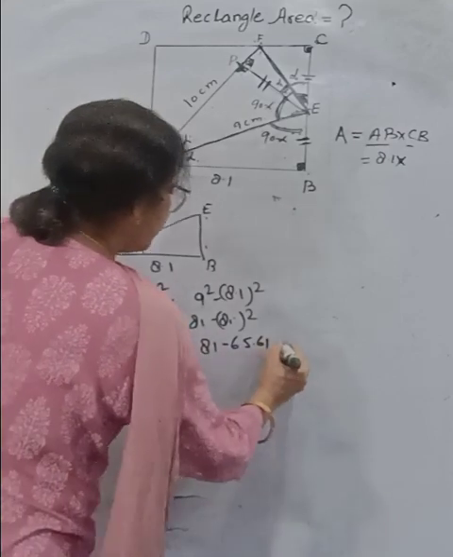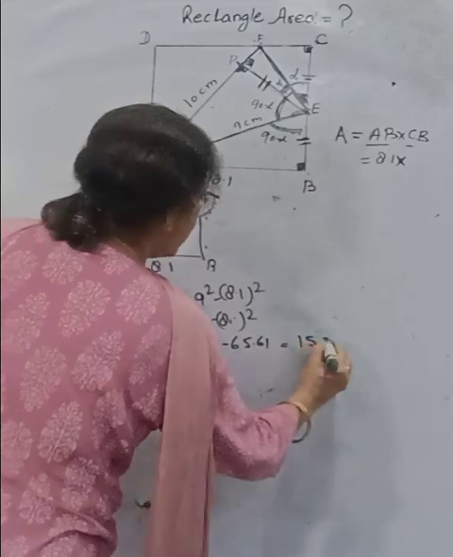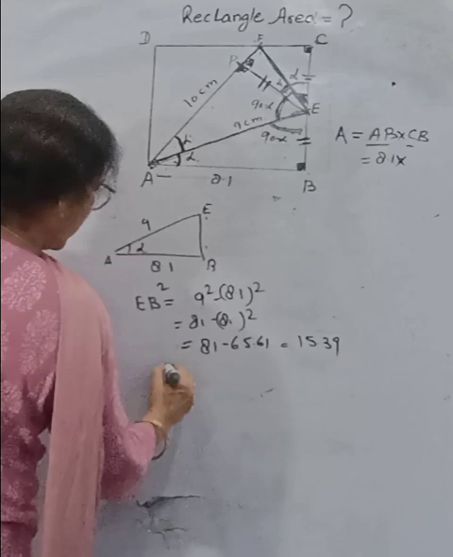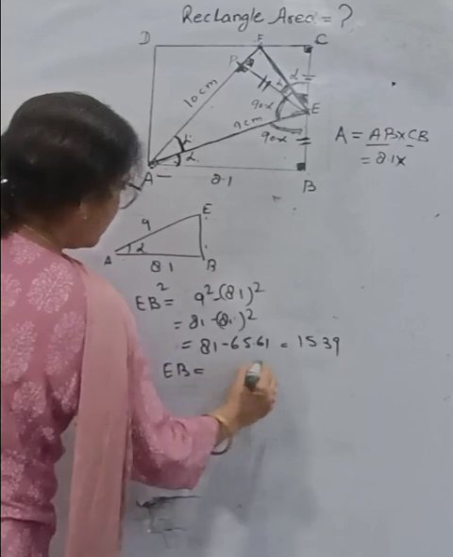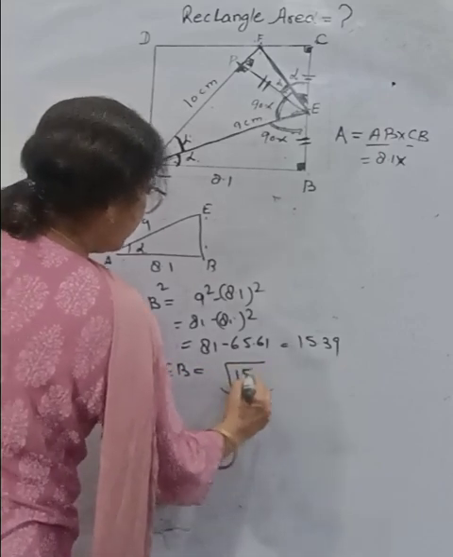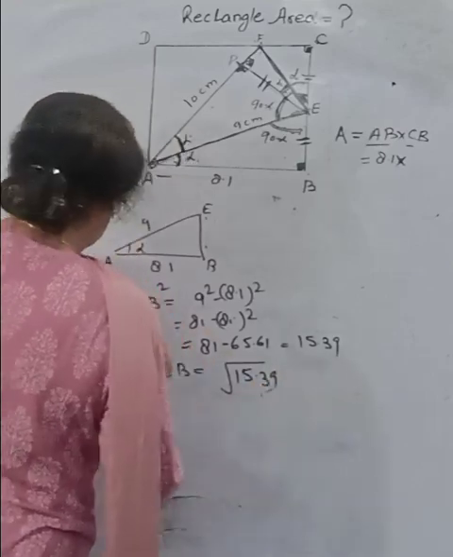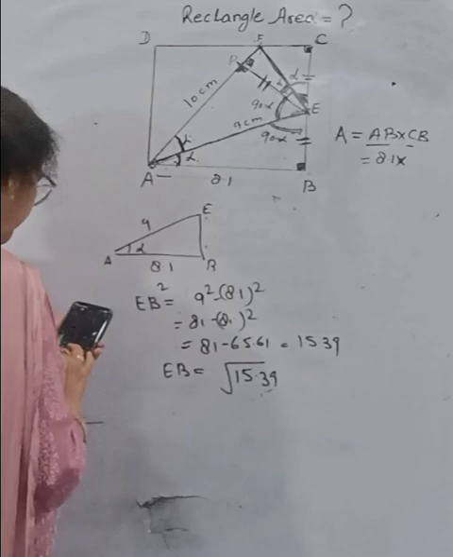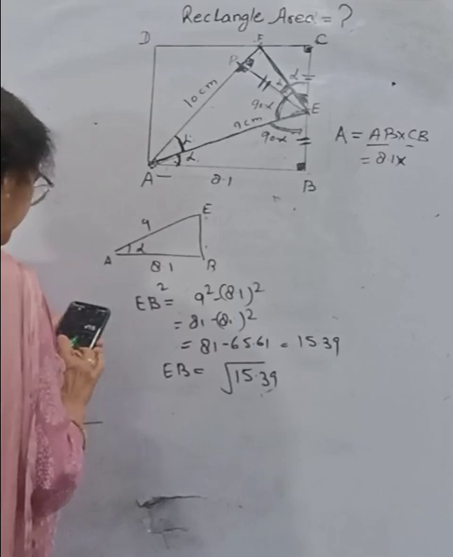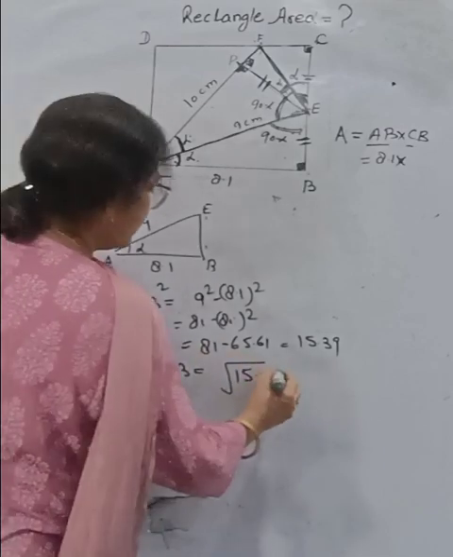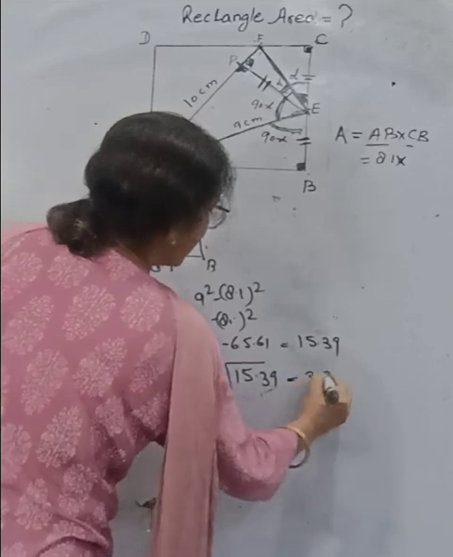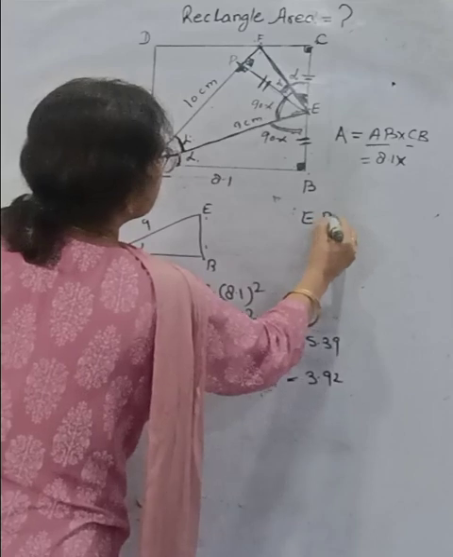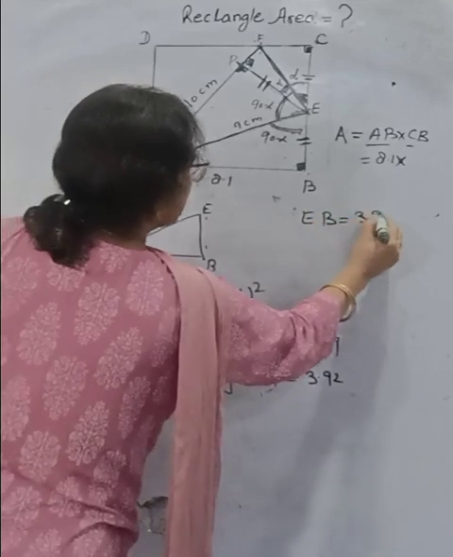This will be equal to 15.39. This is the square of EB, hence EB will be equal to root of 15.39, which is equal to 3.92. It means EB is equal to 3.92.